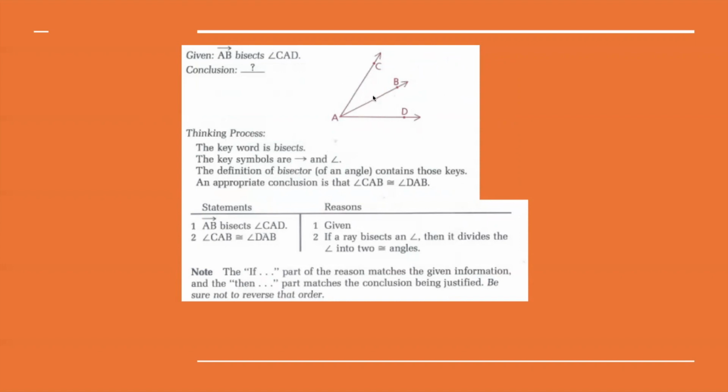Then angle CAB is congruent to angle DAB, because if a ray bisects an angle, then it divides the angle into two congruent angles. The if part of the reason matches the given information, and the then part matches the conclusion being justified. We must be sure not to reverse that order.